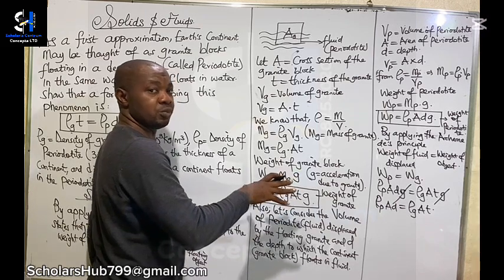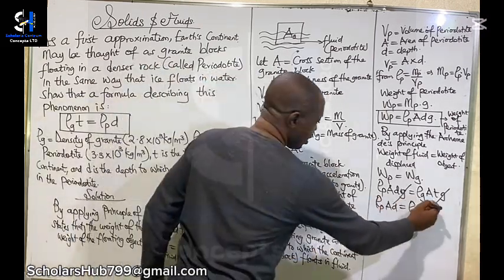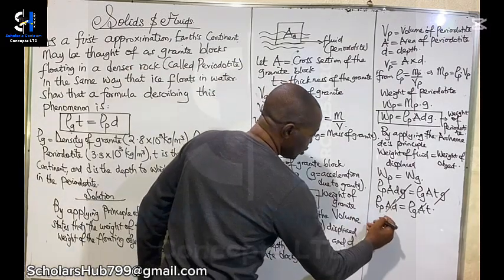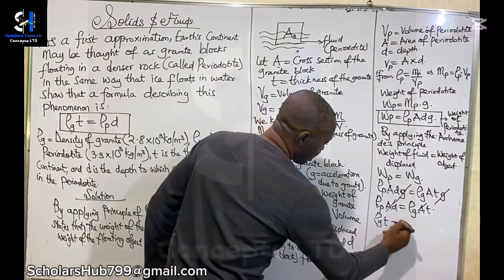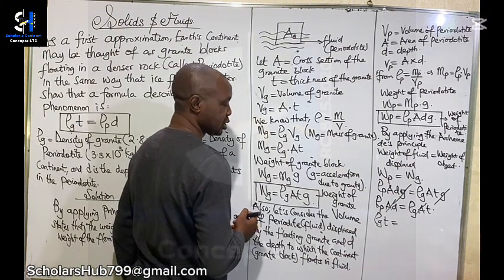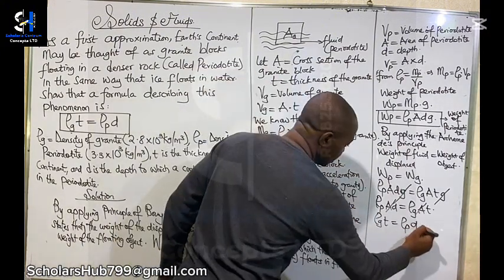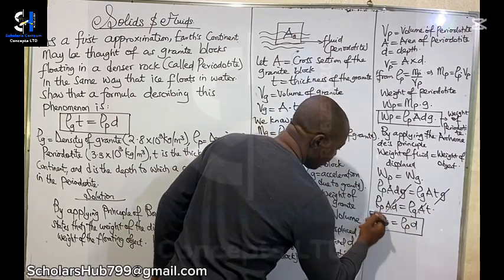The area will be the same. When we divide both sides by A, the equation reduces to density of granite multiplied by its thickness equals density of peridotite multiplied by the depth. So this is the formula.